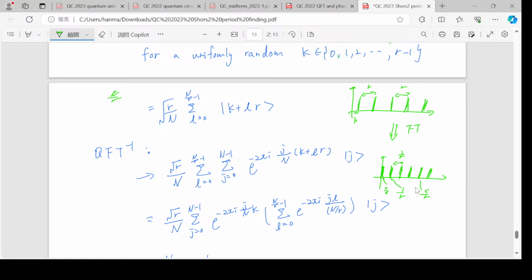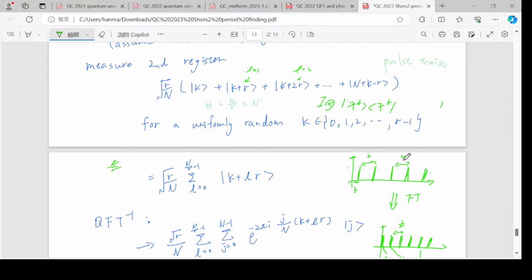So the K displacement gives you the transformation of the spikes. Here there is no displacement, corresponding to all the phases being the same, so it is uniform in amplitude and has no weird phase factor between them.